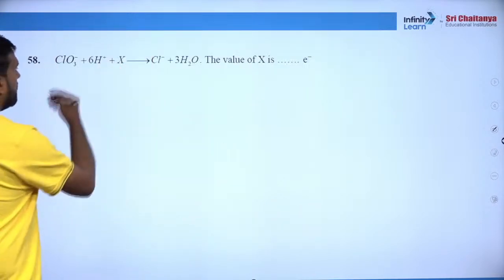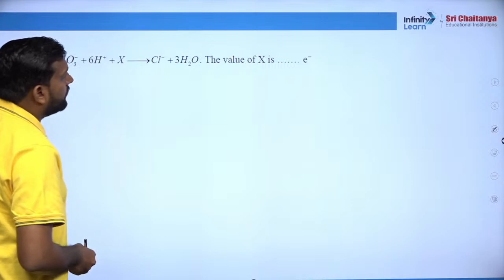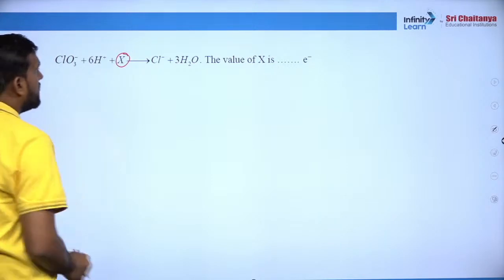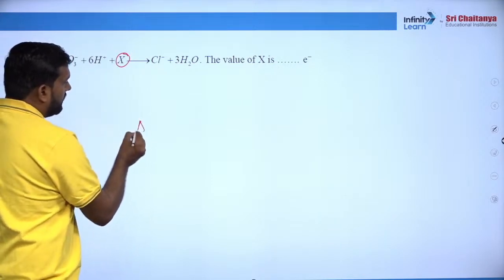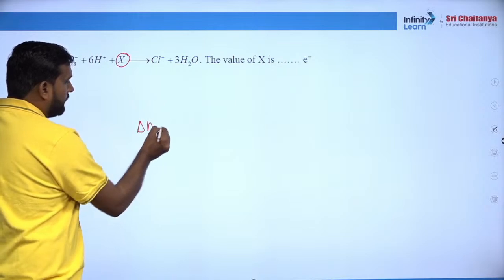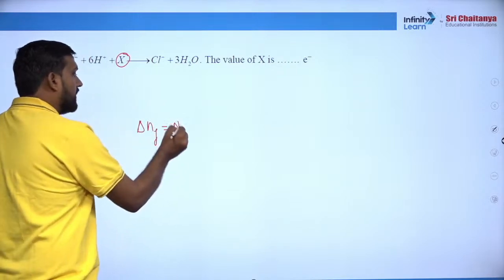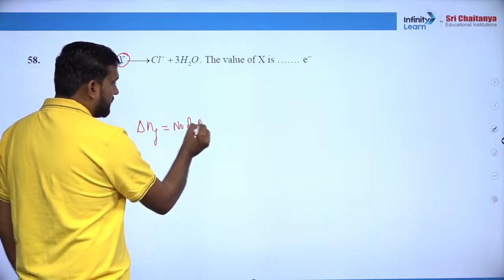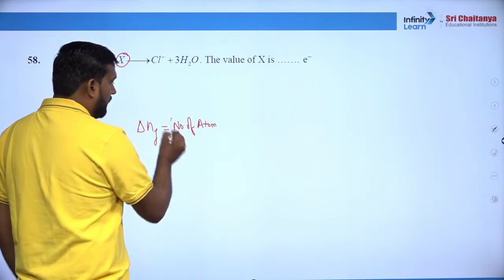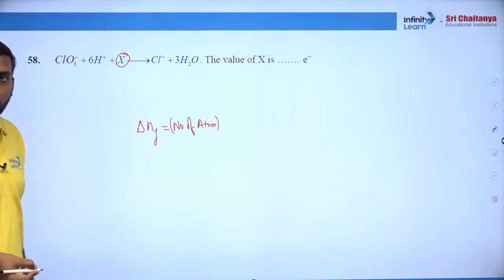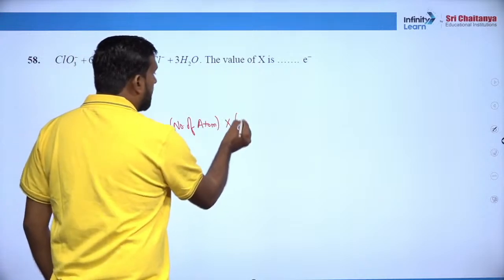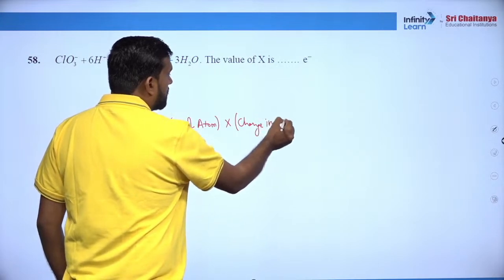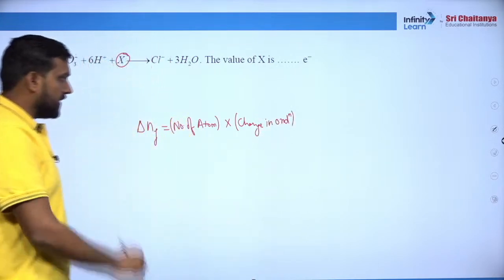Going to the next, you have to choose the value of x, that is, how many electrons are involved in this process. To find the electrons, we can calculate the n factor. The n factor of any oxidation or reduction reaction is given by the number of atoms undergoing oxidation or reduction into the change in oxidation state.